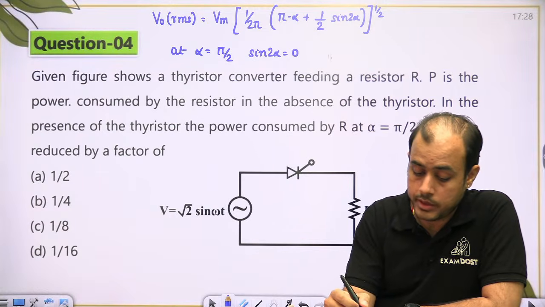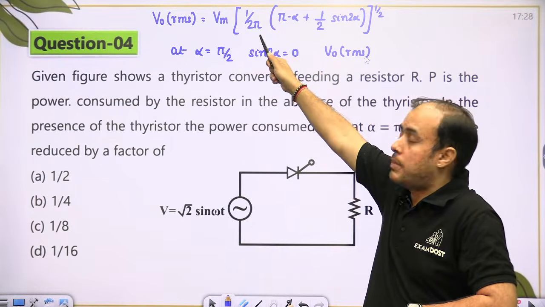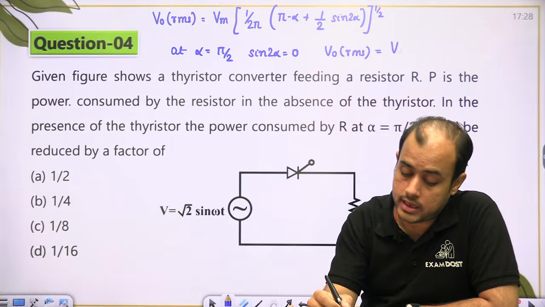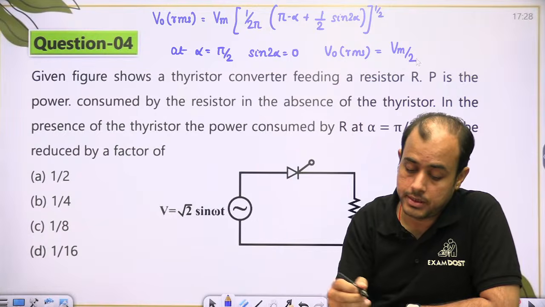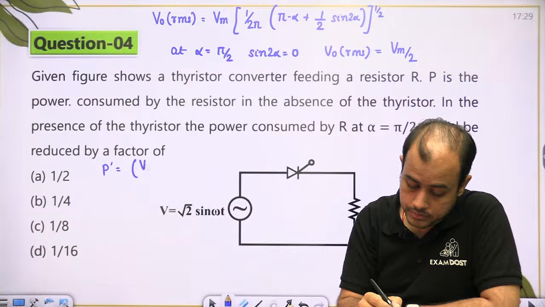Sin 2 alpha will be 0. Now pi minus alpha will be pi by 2 by 2 pi, 1 by 4. So outside the root you will get half Vm by 2.